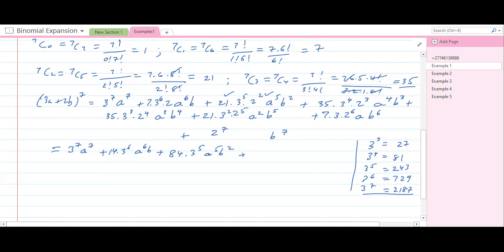Can we do 35 times 8? Yes, we can. 35 times 8, we can say 350 minus 35 times 10, 350 minus 70, we can get 280. 280 times 3 to the power 4, a to the power 4 b cubed plus, next one, we can say 35 times 16.